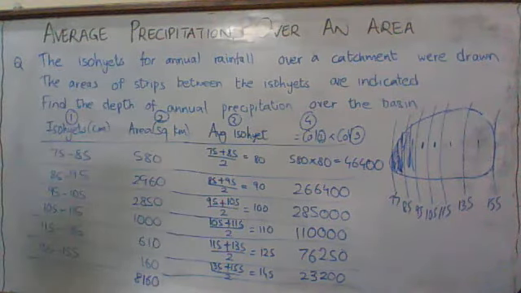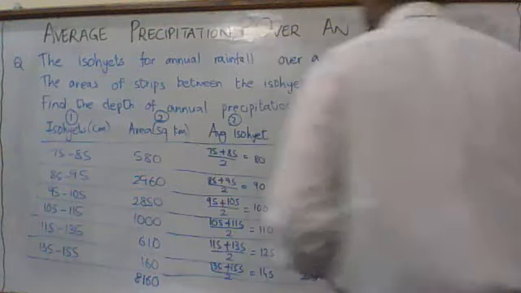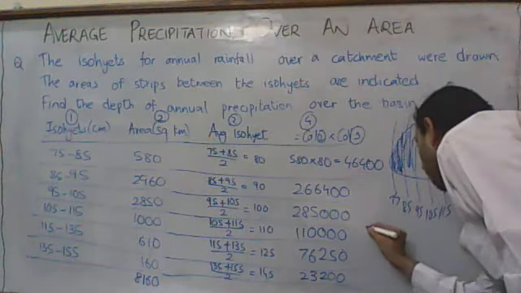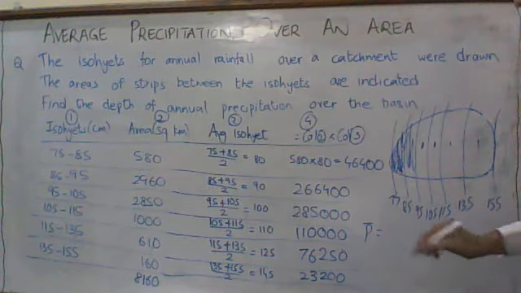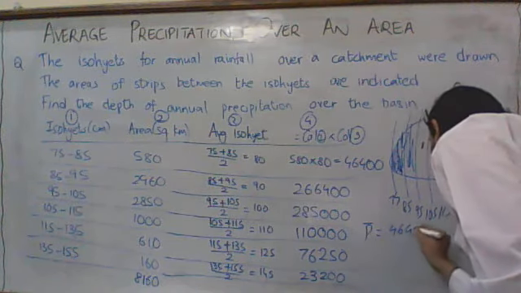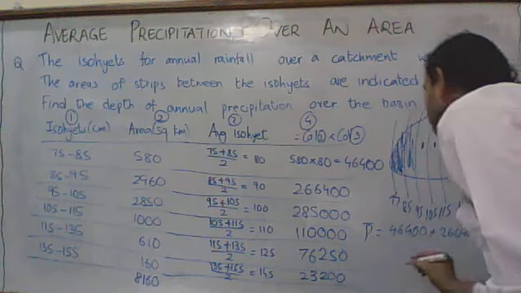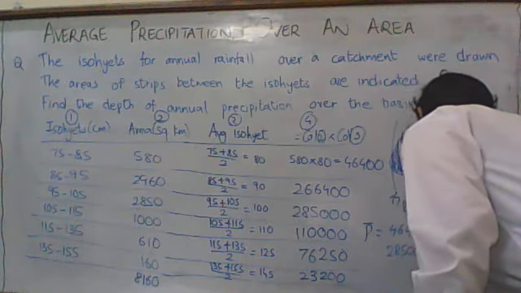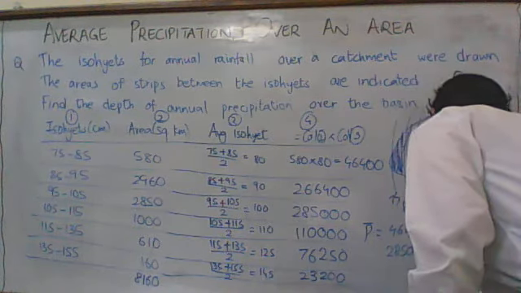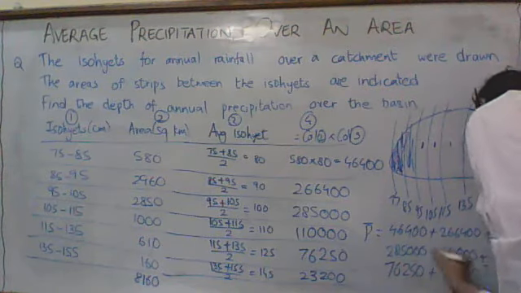So the average precipitation value according to the isoheital method will be given by this: 46400 plus 266400 plus 285000 plus 110000 plus 76250 plus 23200.